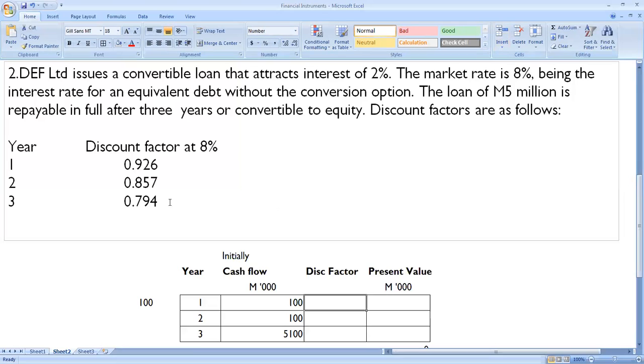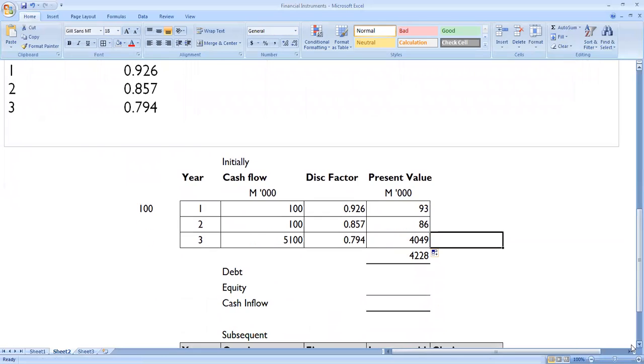The discount factors are straightforward: 0.926, 0.857, and 0.794. Then for the present value, we're just punching in the numbers. So this is our liability, or debt.